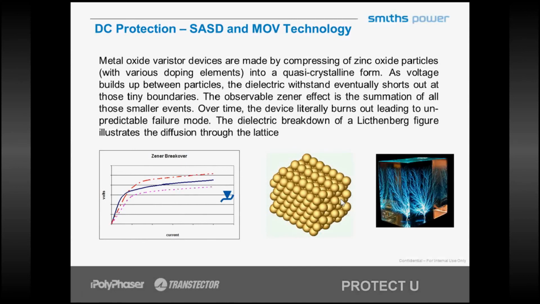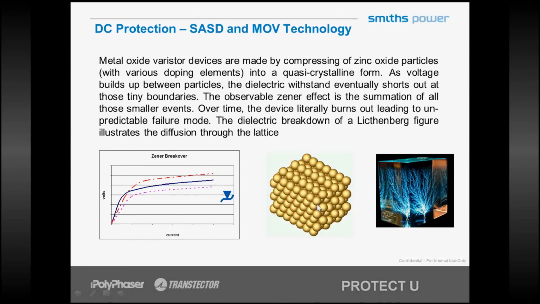And what happens during a surge event is that the transient voltage is burning through that crystal matrix. Over time, that destroys the metal oxide device and renders it useless. It is one of the key reasons that metal oxide devices are often rated into the very high kA levels to provide an indication of the life withstand, not necessarily the one-time stroke that's going to hit the device, but the overall life expectancy.